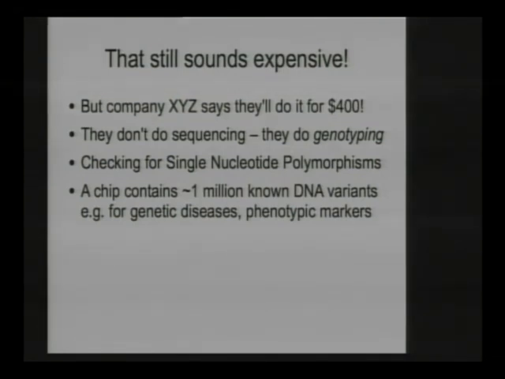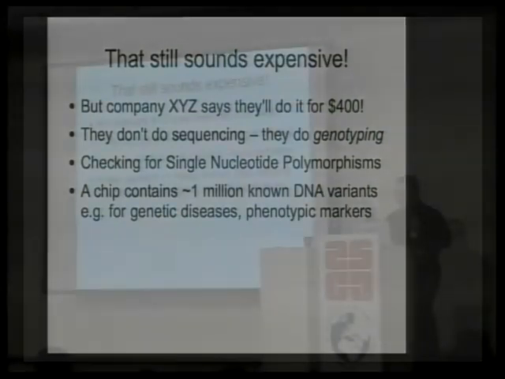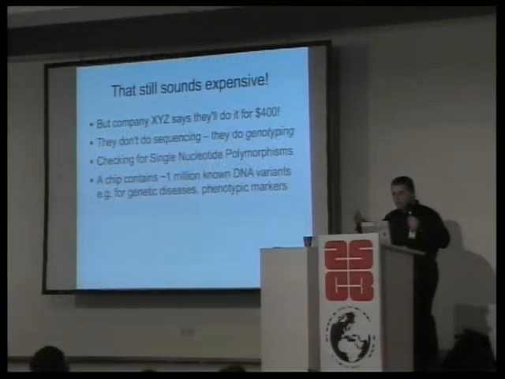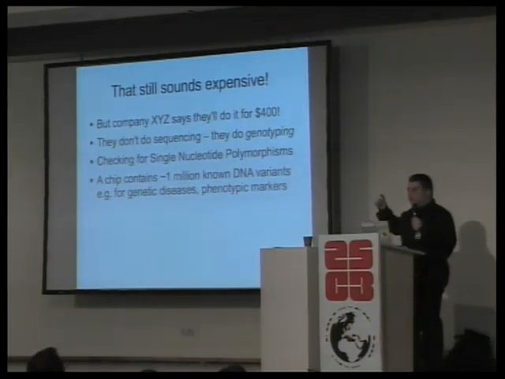So one was an A, one was a T. And then you basically pour your DNA on that, and whatever copy you have will stick to one of these prefixed sequences. You can detect this again with fluorescence, again with photographic methods. So there's again a picture of a chip, and it's glowing in pretty colors. And because you know where each variation is positioned on the chip, you can say, oh, I see this variation in the sample.